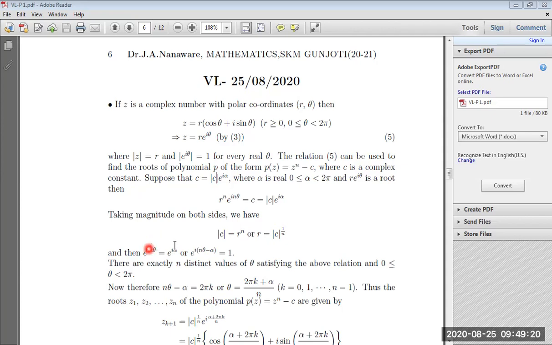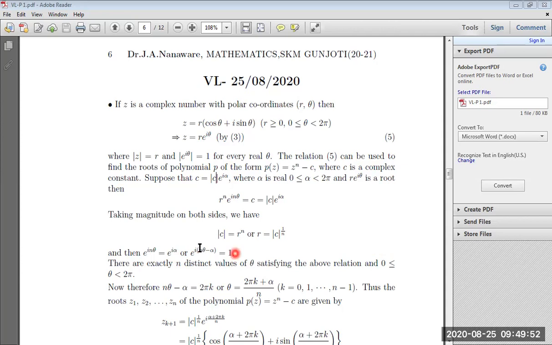This gives e to the power i times n theta minus alpha is equal to 1. So this expression tells that there are exactly n distinct values of theta which satisfy this relation, and theta lies between 0 and 2 pi.